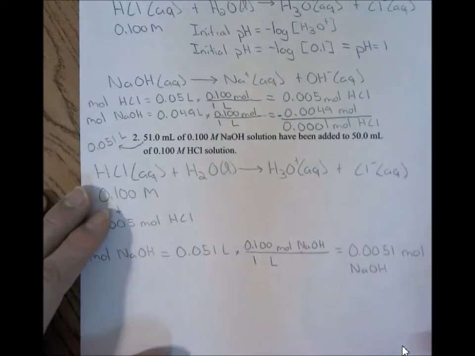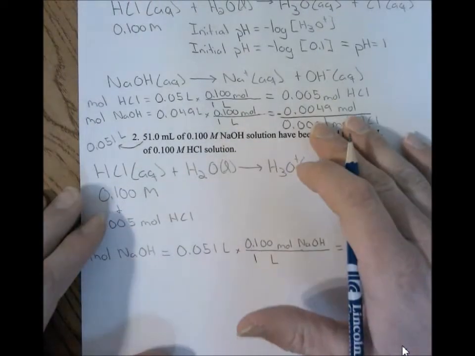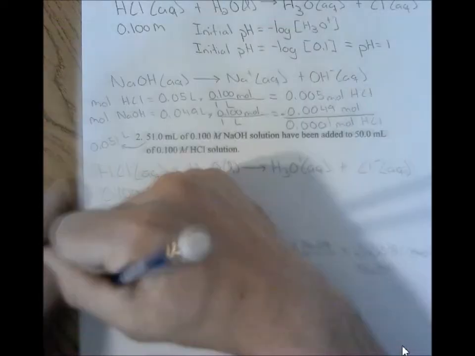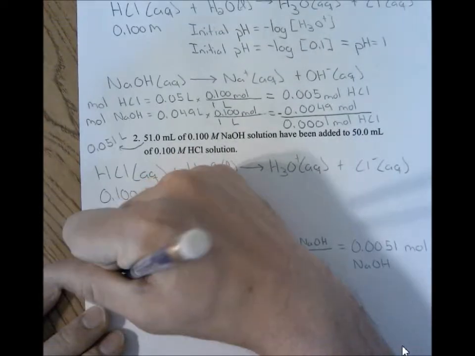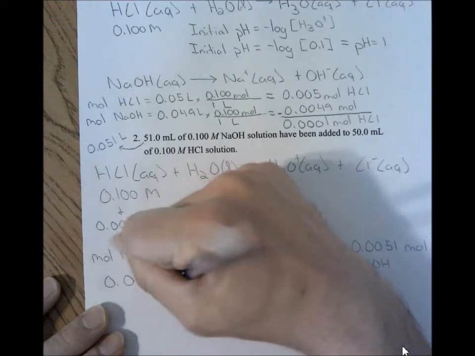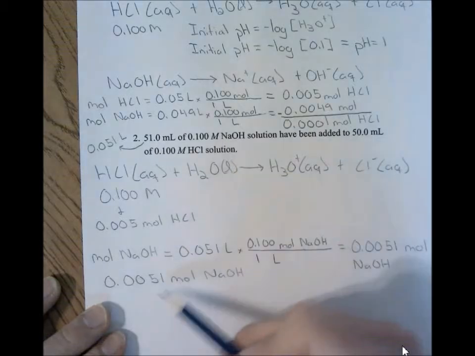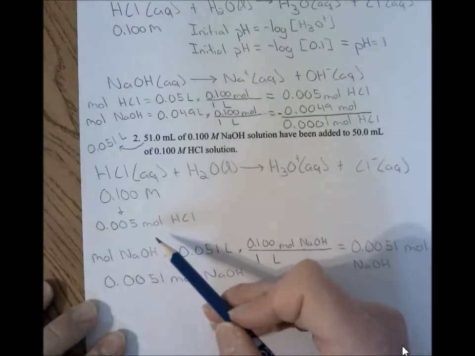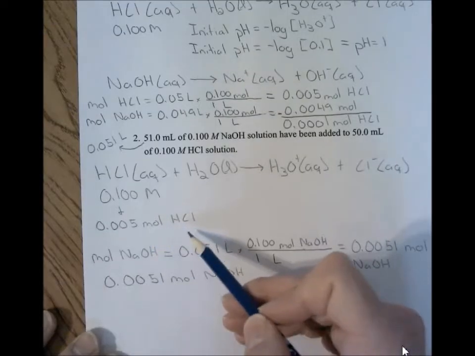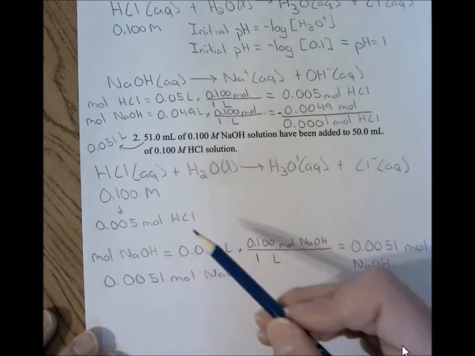So this is really an important step. We have to take 0.0051 moles of NaOH. And remember, this stuff reacted with 0.005 moles of HCl. So for every 1 mole of strong acid or base we add, we have to take that strong acid or base away in terms of moles.